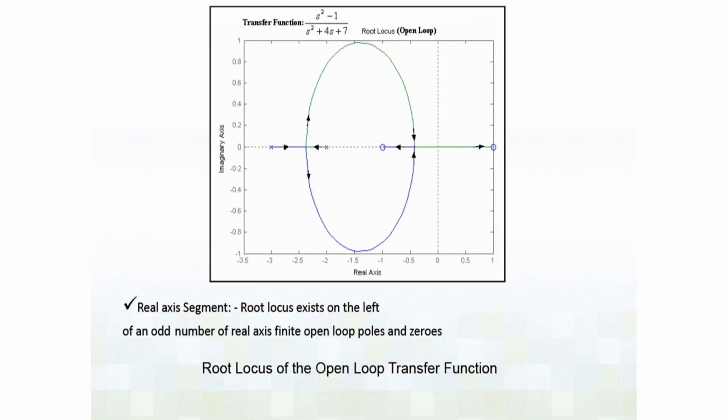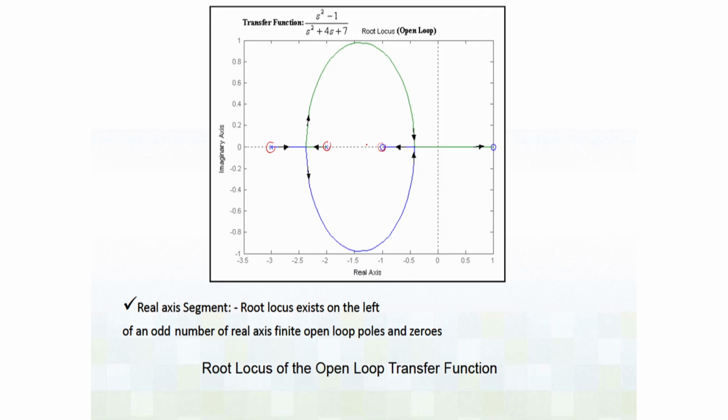Let us just look into what will be the part of the real axis segment. The real axis segment is very important because that is where we will be able to directly understand this. In this particular case, you can see that you have 2 poles here and a zero here.